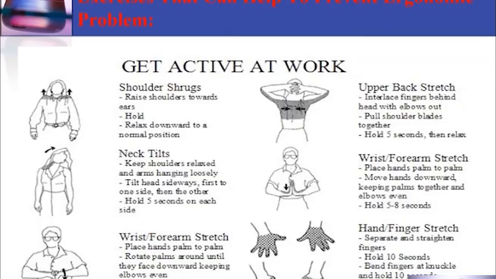Here are some examples of simple stretching exercises that can help to prevent ergonomic problems. While you're sitting, you can raise your shoulder like that, or move your neck around in a circle, or the hands like that. So you can use these exercises if you like to reduce the problems of ergonomics.